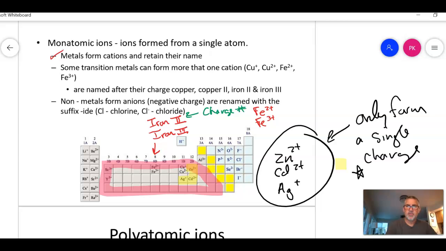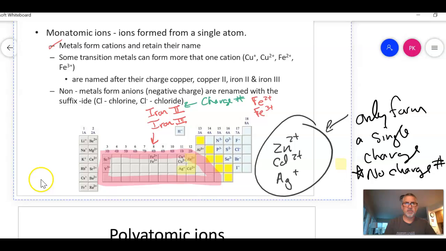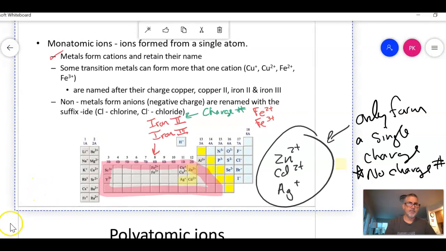So what that means is no charge number. When you list those, it'll just be called zinc, it won't be called zinc 2. It'll be called cadmium, not cadmium 2. So those are your exceptions to that rule right there.